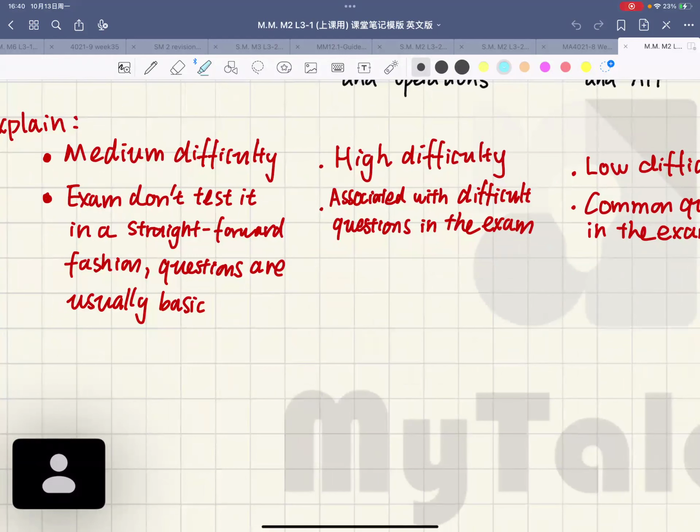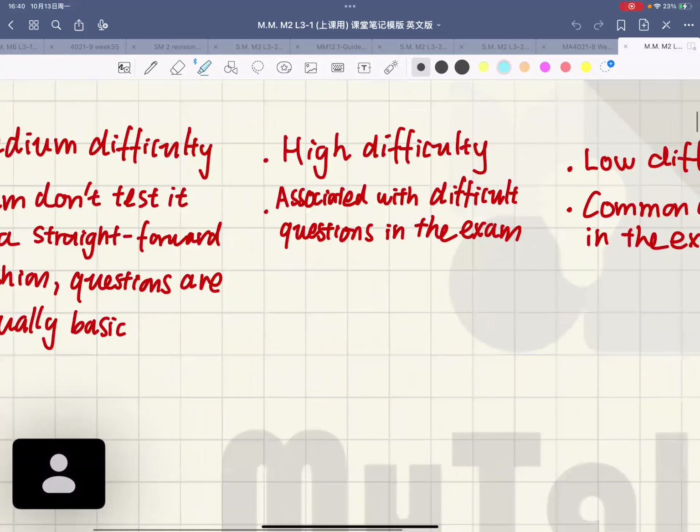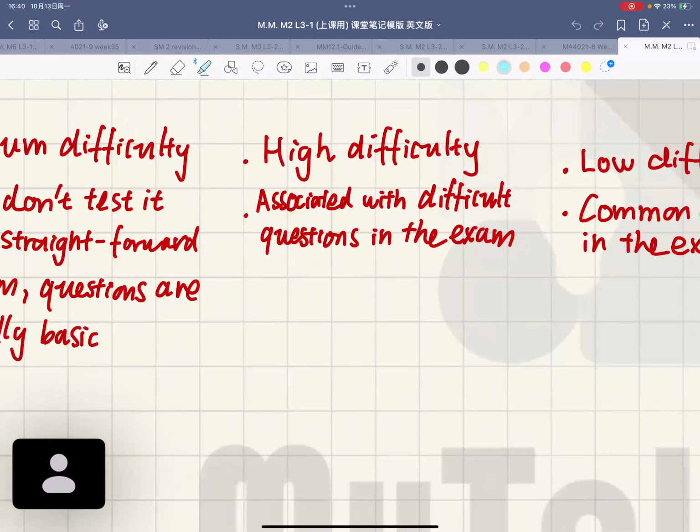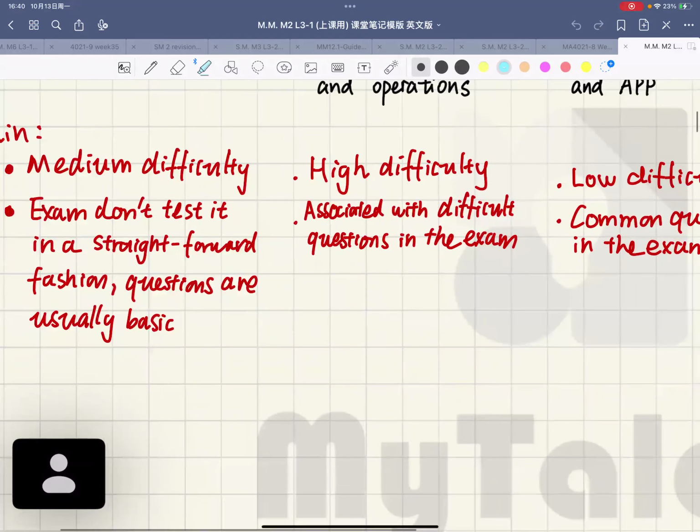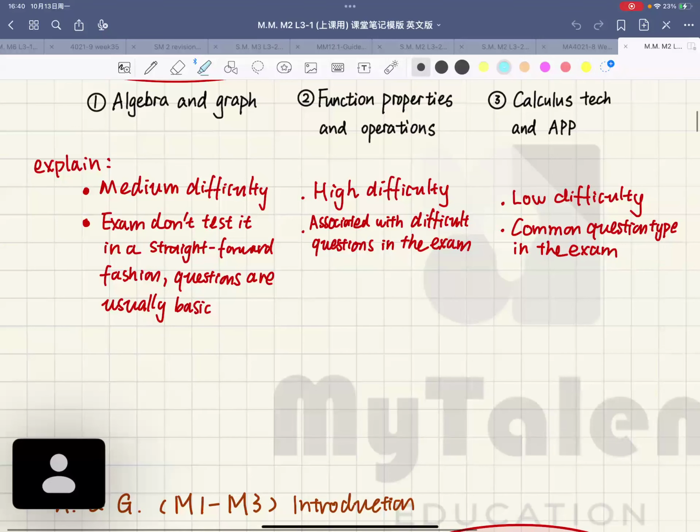You won't see a question that just tests your index laws, but to solve a particular question, you need to use index laws. High difficulty is associated with the difficult questions in the exam. You need to combine all the topics, all the knowledge, all the principles and formulas you learned to solve a question.